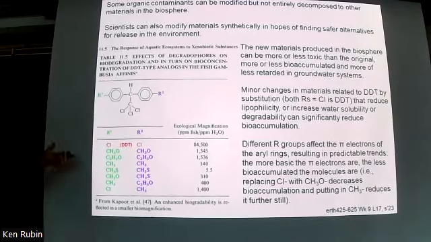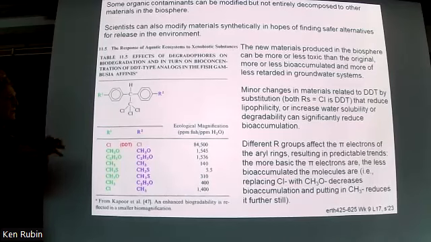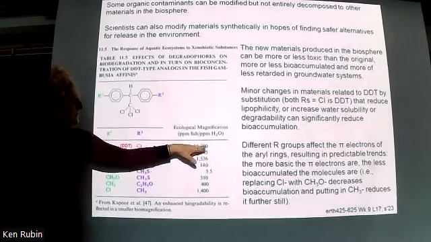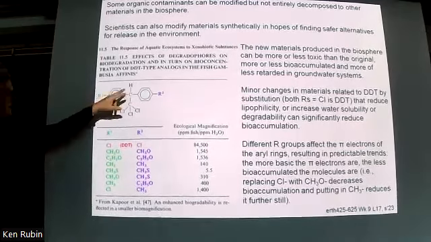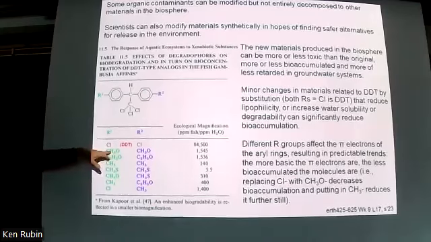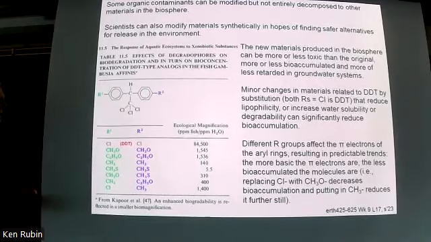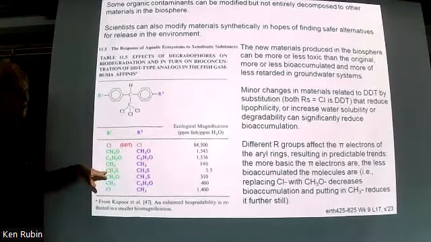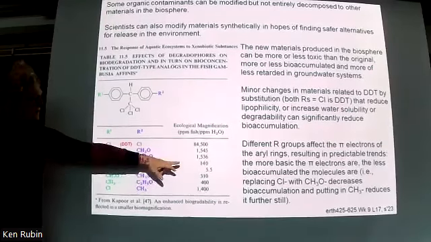And you can see the ecological magnification, the concentration in a fish relative to the concentration in the water it's living in, for pure DDT, 84,500. If we replace them with methoxy groups, that goes down by almost a factor of 80. And if we replace them with sulfoxy groups, then you can see it goes down even more.